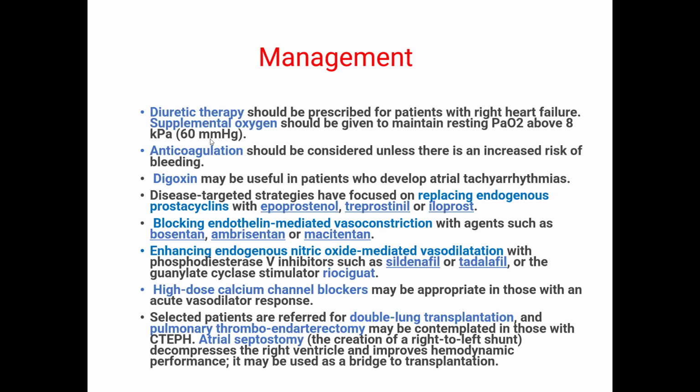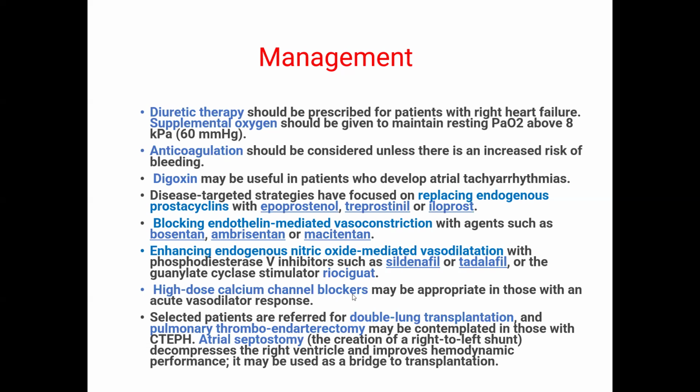Management: diuretics, supplemental oxygen, anticoagulation, digoxin to control the atrial tachyarrhythmias. Then you start with vasodilators like prostacyclins, agents that block endothelin mediated vasoconstriction, and agents that enhance nitric oxide vasodilatation, like sildenafil and others.